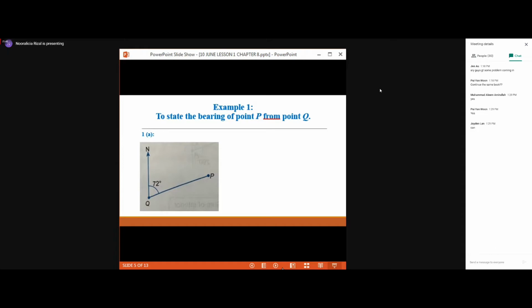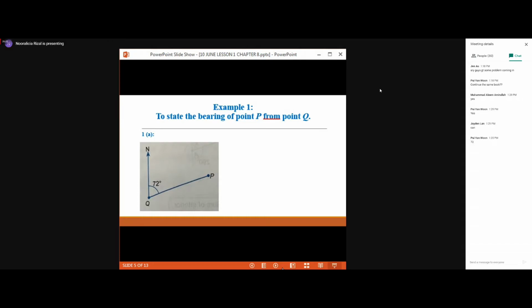Nigel? Oh, are you here? Okay, next in line is Puyen. Nigel is taking so long. Puyen, can you write down the answer? What's the bearing of P from Q? Look at the diagram. From Q. Also don't know. All right.